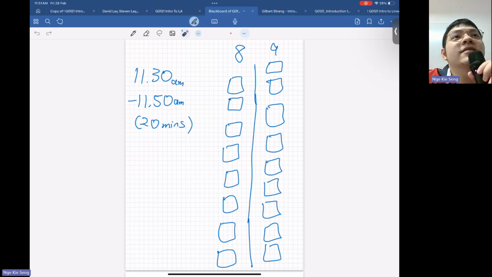Please pass your solution to the person in the aisle. The person in the aisle, please help me count if you have the right number on your rows or not.